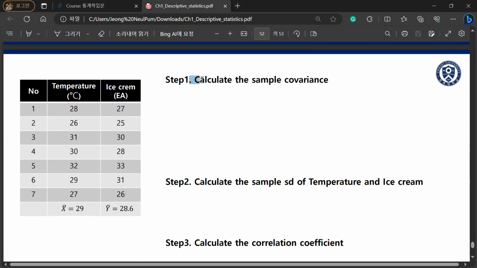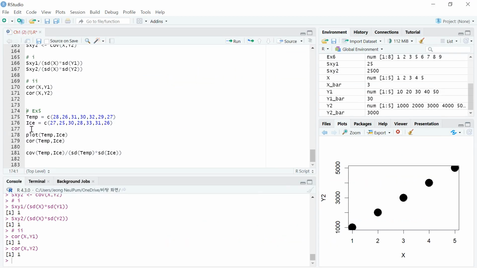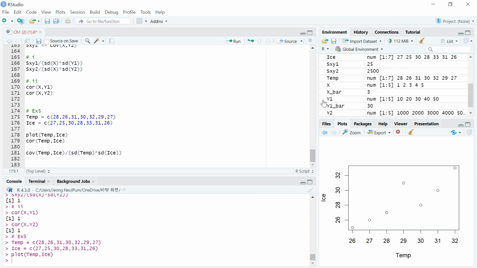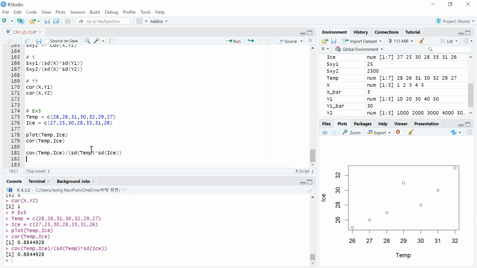After storing each data in our own variables, temperature and ice, we can plot the two data in a scatter plot, and you can also get the correlation coefficient very easily by using the correlation function, which is about 0.88. And we can also use the mathematical formula by using the covariance function and standard deviation function, which has the same result as the previous one.